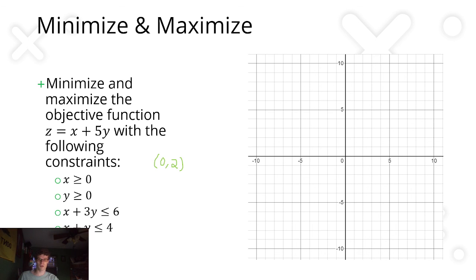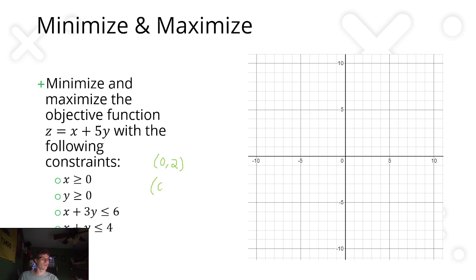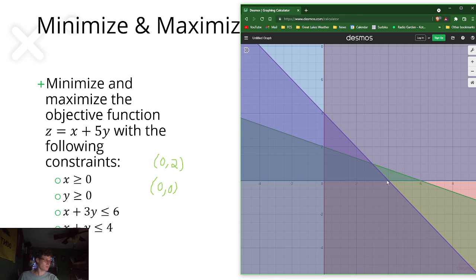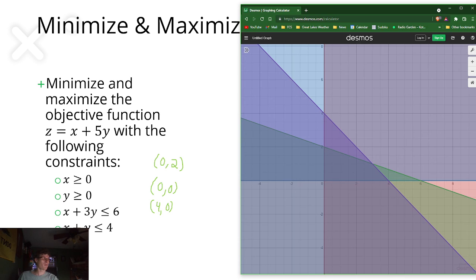Okay, let's pull that back up. 0, 2. So I got that one marked, okay? 0, 0 is my next one. I just use the vertices on the edge of my solution area, okay? My third one, 4, 0. And my last one is 3, 1.